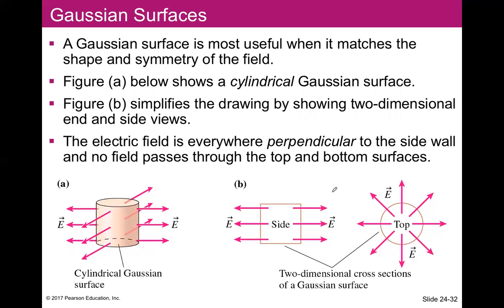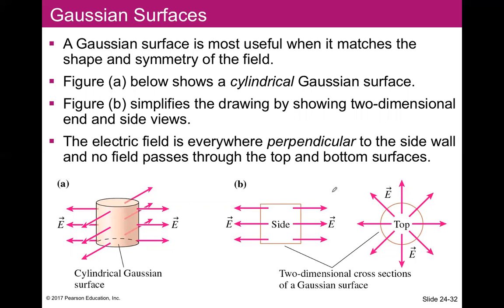For example, in figure A, it shows one Gaussian surface, which is a cylindrical Gaussian surface. You can imagine there is a cylindrical wire or cylindrical distribution of charges in the center. And then you can draw a cylindrical Gaussian surface surrounding the wire charge distribution.